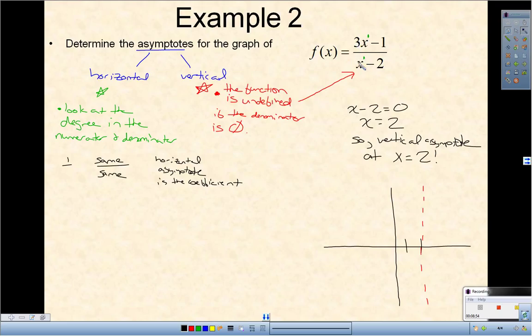Now the coefficient in the numerator is 3, the coefficient in the denominator is 1, so that means that I'd have a horizontal asymptote at y is equal to 3 over 1, or just simplify that, y is equal to 3. So that's my first scenario. The second scenario is if the degree in the numerator is higher.